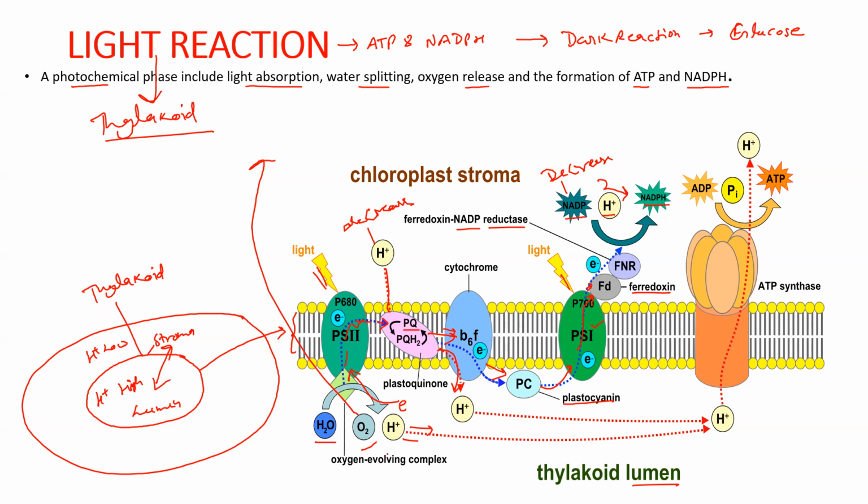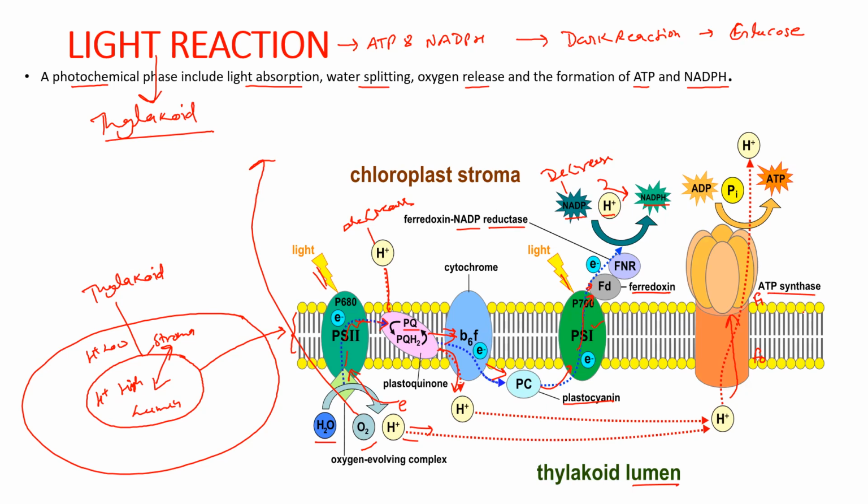So in this way, the concentration gradient of H ion builds up between the lumen and stroma. When this concentration gradient is built up, the hydrogen ion passes through a protein channel. This protein channel has two parts, F0 and F1. F0 passes the hydrogen ion quickly across the membrane, and when the hydrogen ion passes rapidly, F1 generates energy.